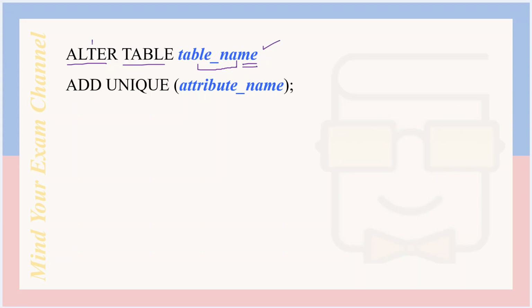Now, how are you altering the table? You are altering the table by adding a unique constraint, and you are adding that constraint to a particular attribute. That attribute's name is mentioned here. So you write the name of the table to which you are applying the changes, and the name of the attribute to which you are applying the unique constraint.